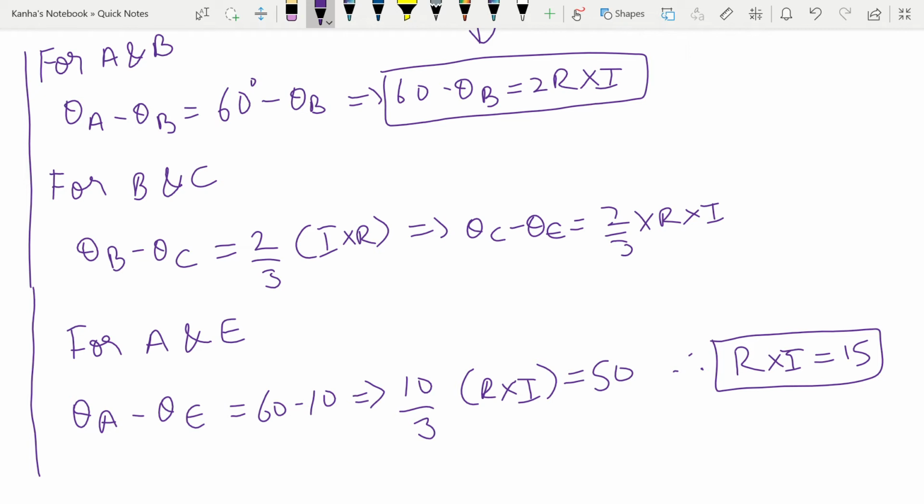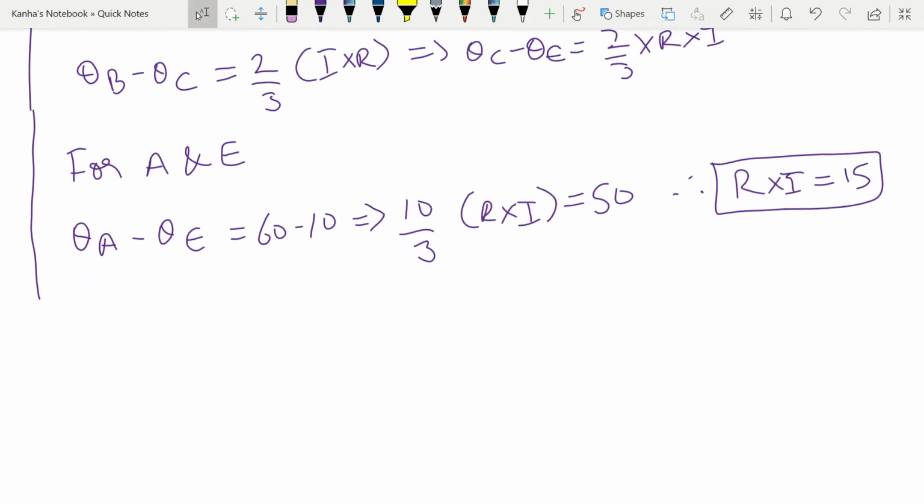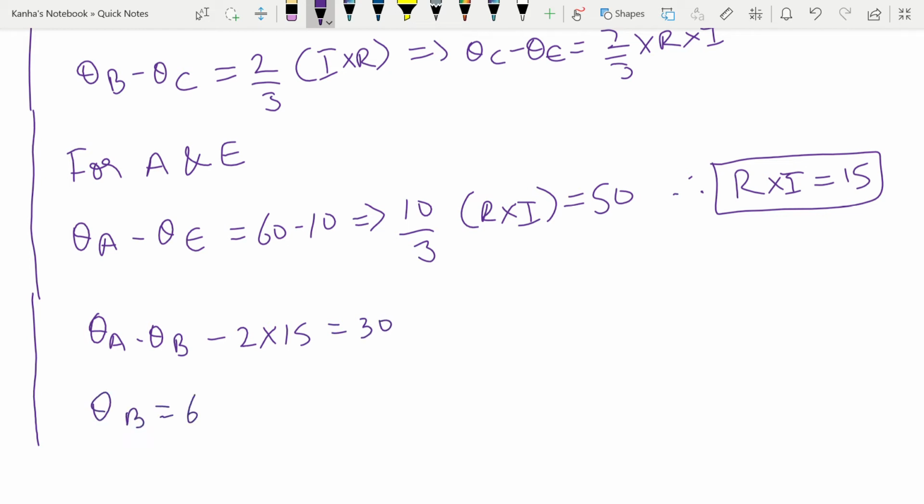Now that we have this, I can write down that theta A minus theta B is equal to 2 into 15, which is 30. Theta B is equal to 60 minus 30 is equal to 30 degree Celsius. Also theta B minus theta C is equal to 2 by 3 into 15 is equal to 10.